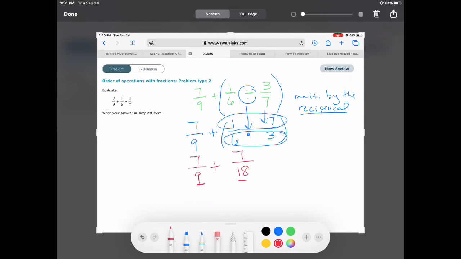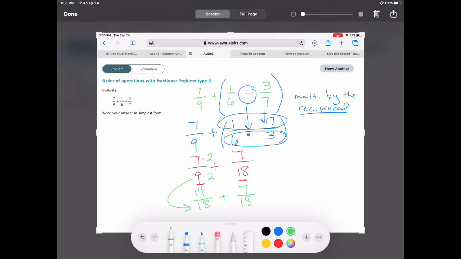9 and 18 both go into 18, so let's keep 18 as a denominator. This one stays the same, but I need to convert 9 to 18, so I'm going to times 2. If I times by 2 on the bottom, I have to times by 2 on the top, 14.